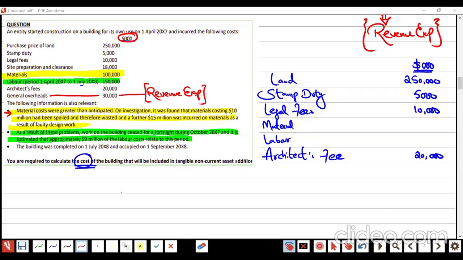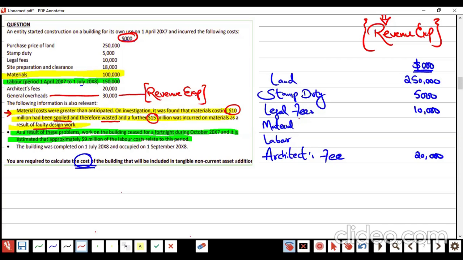It found that 10 million of material was spoiled, and a further 15 million of material was incurred because of wrong design.